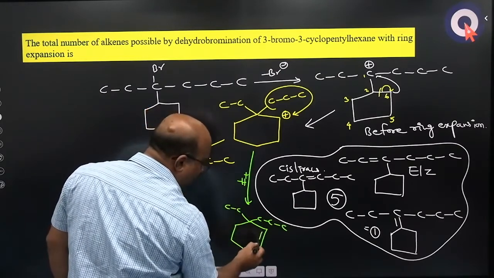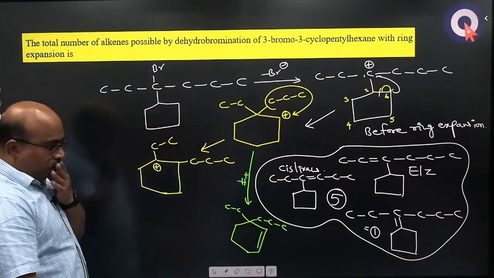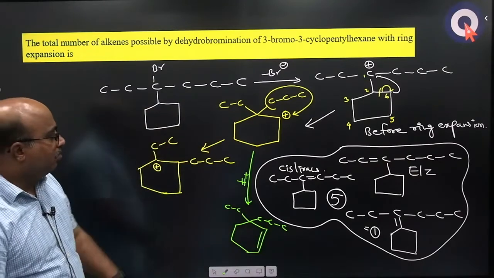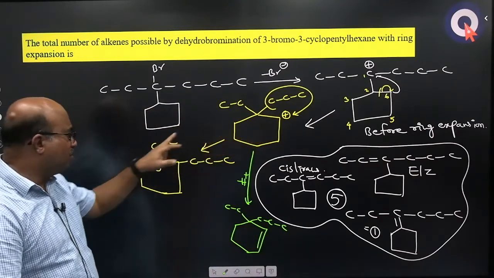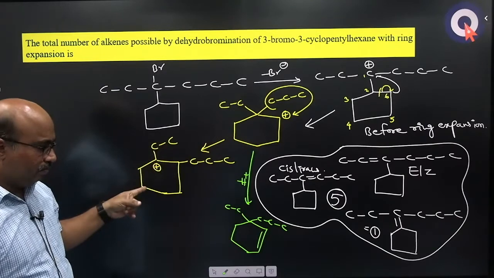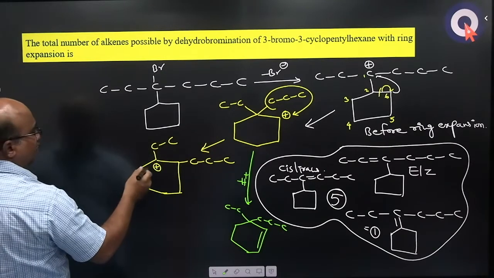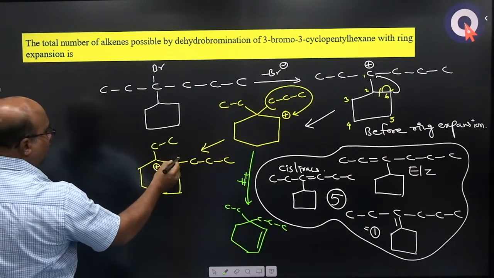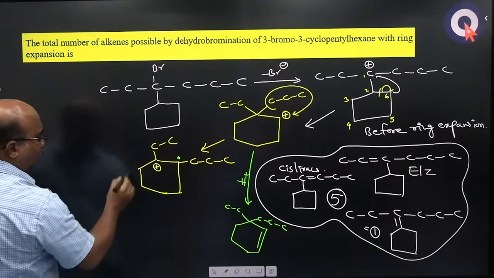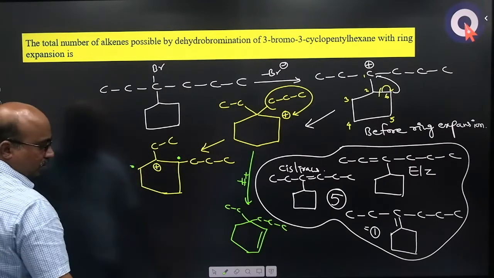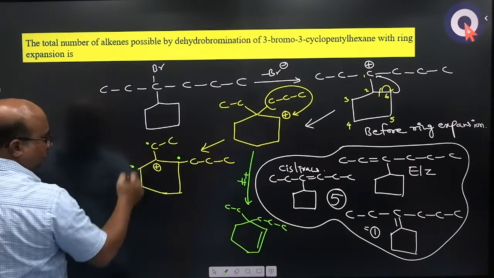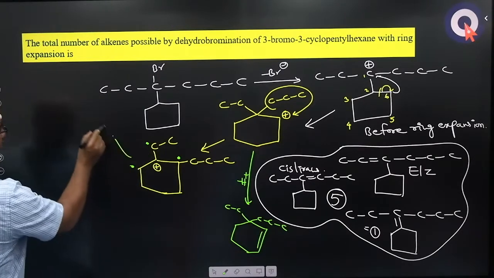So a double bond will form here. But this one is rearranging to this, which is stable. Now from here, where can hydrogen be lost? Hydrogen can be lost at this, at this, and at this. So you will see three different alkenes here.